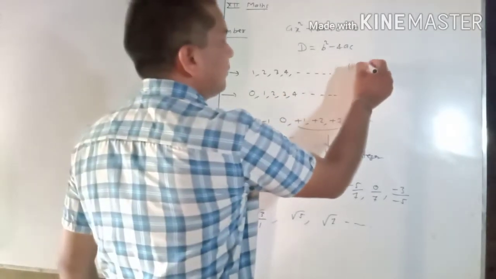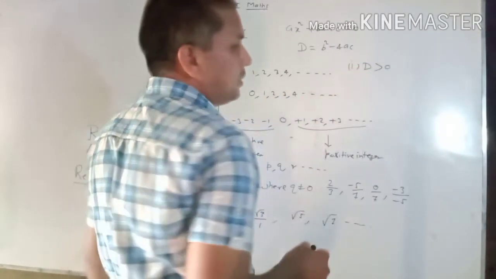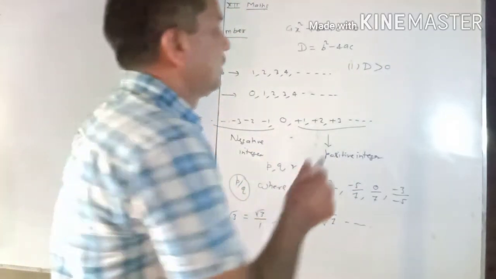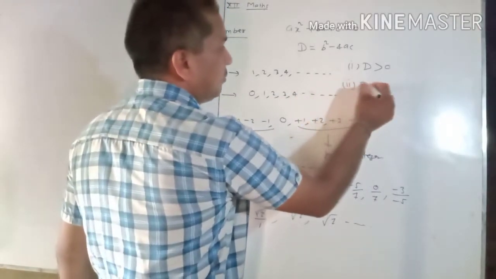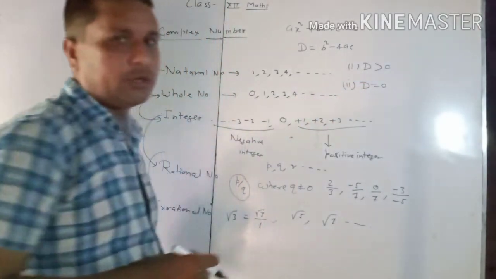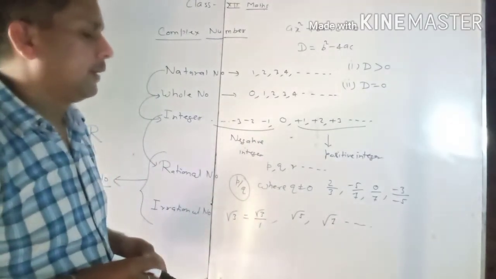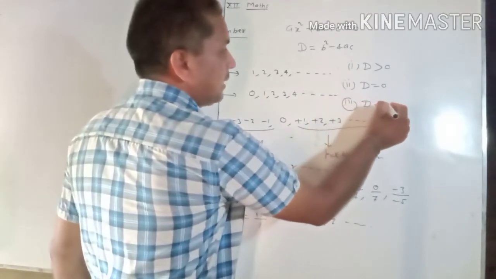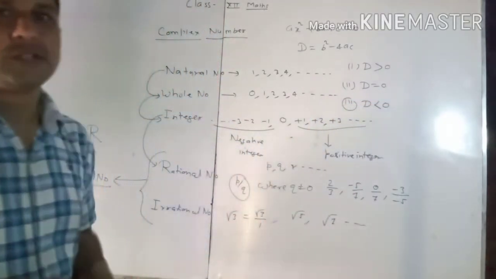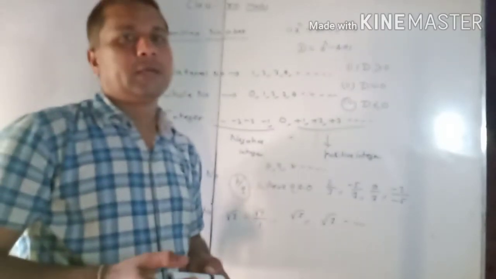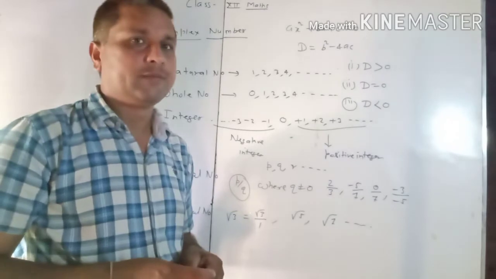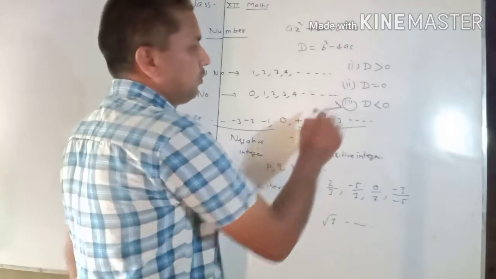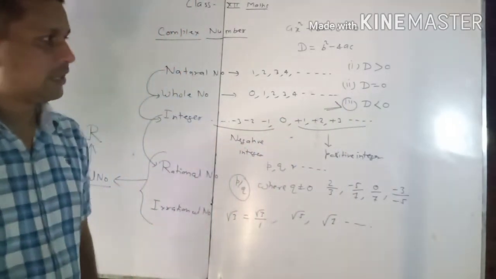If D is greater than 0, both roots are real and distinct. In the second case, if D is equal to 0, both roots are equal and real. And in the third case, when D is less than 0, means the discriminant is negative, then the roots are imaginary. So today I want to discuss this type, when the discriminant is less than 0.